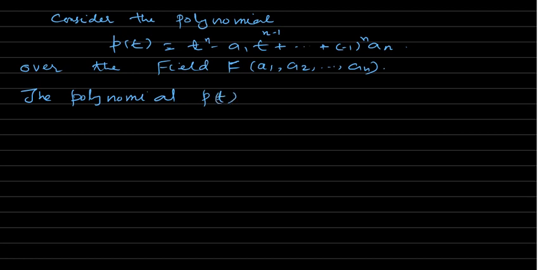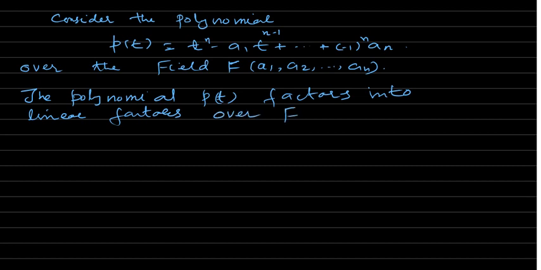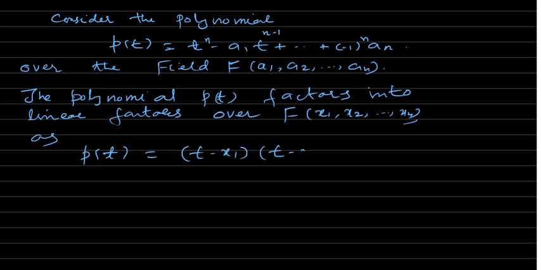This polynomial factors into linear factors over the field F(x1, x2, ..., xn), as P(t) is actually equal to (t minus x1)(t minus x2)...(t minus xn), because these x1, x2, ..., xn are the roots of this polynomial P(t). a1 is the sum of the roots, then a2 is the sum taking 2 at a time, and so on and so forth.